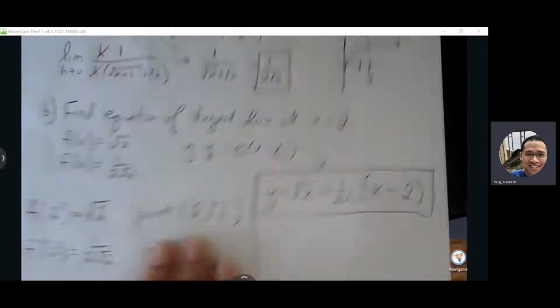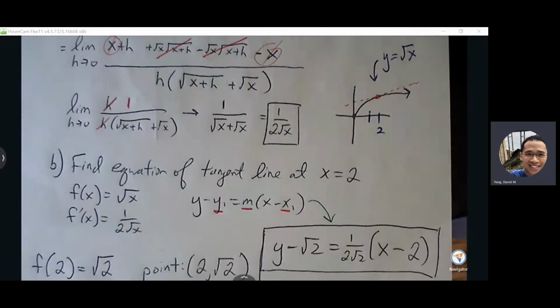All right, so let's go to number 4, and let's talk about working with this alternative definition. Number 4 in your packet, this is going to be page 3.